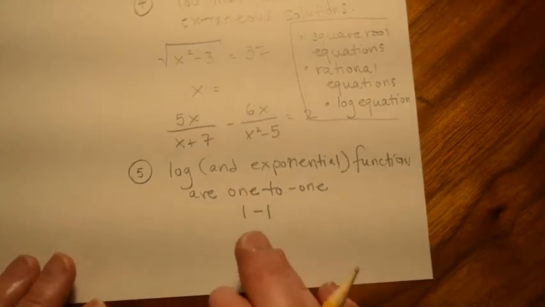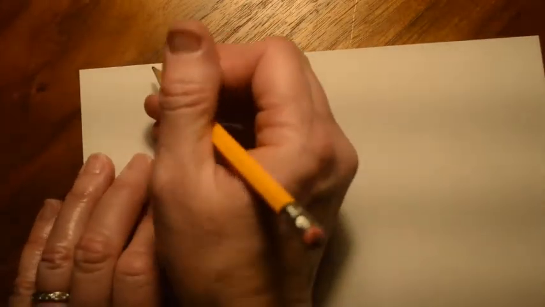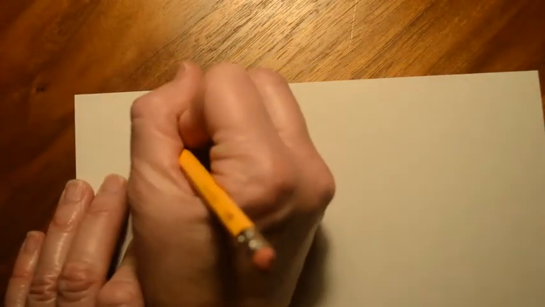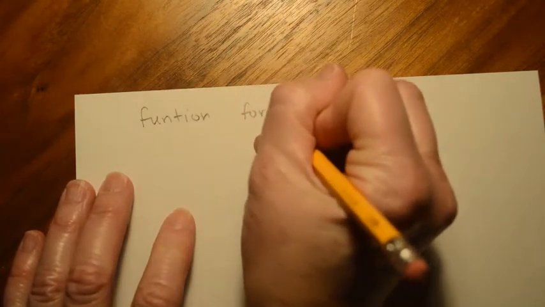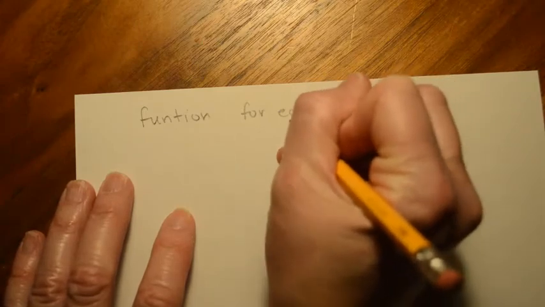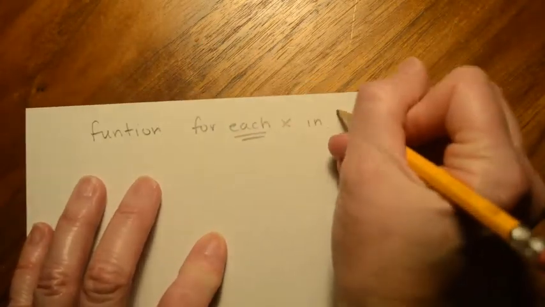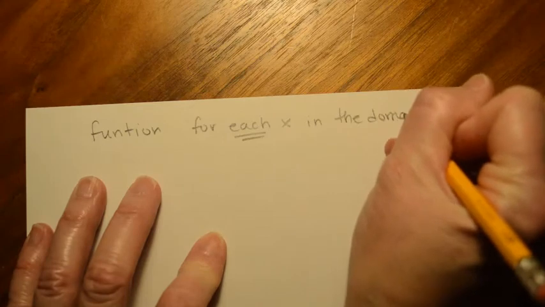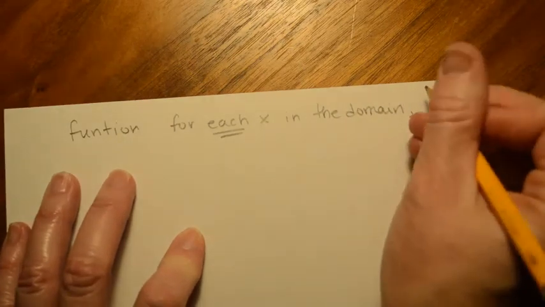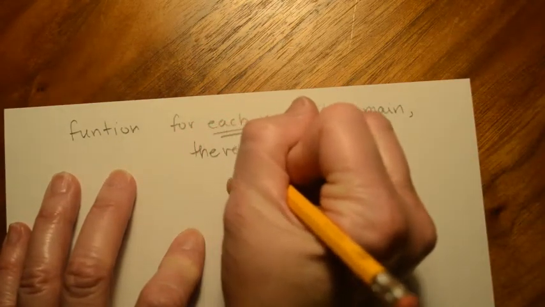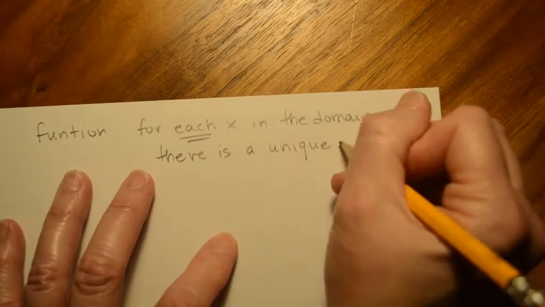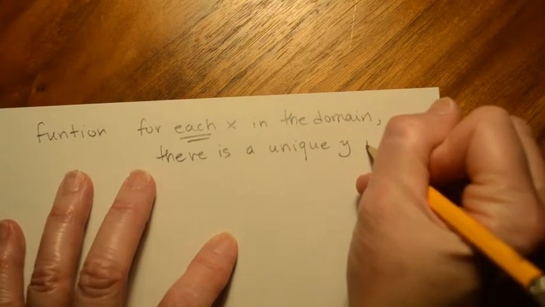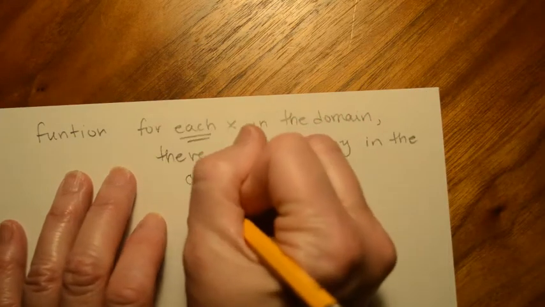Okay, you might be thinking, what the heck is that? So let me explain a little bit further. All right, so we know about functions. A function is a rule that says that for each x in the domain, there is a unique y in the codomain.